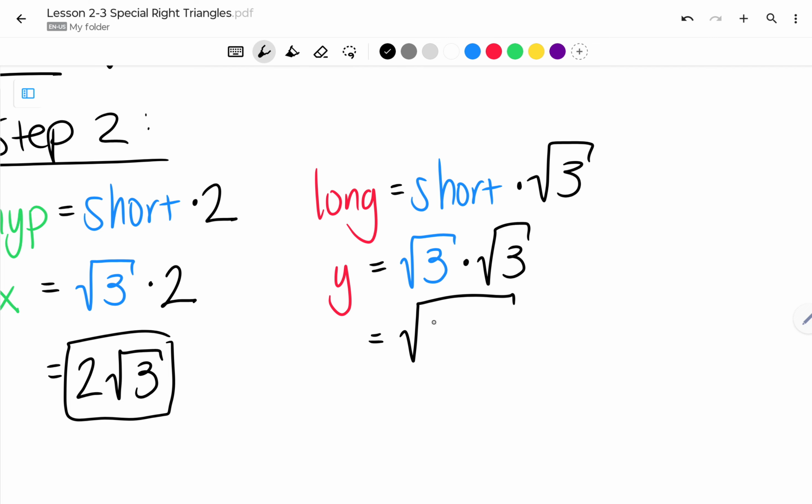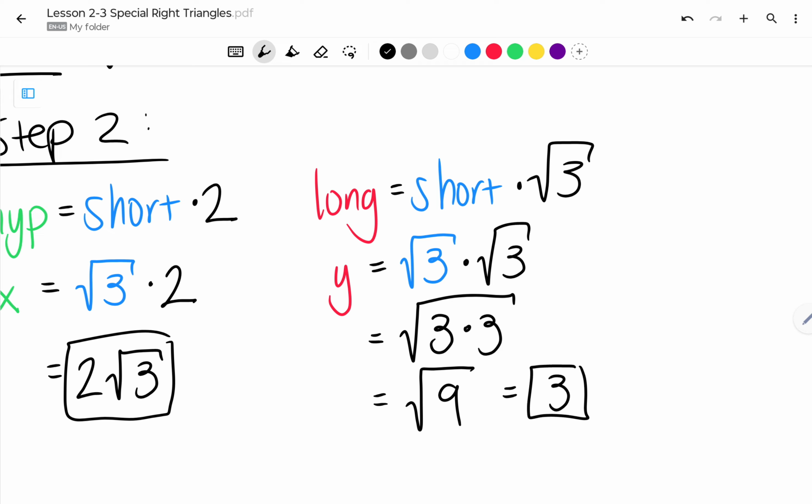Square root of 3 times square root of 3 is square root of 3 times 3. Square root of 3 times 3 is square root of 9. What is square root of 9? That is equal to 3. 9 is a perfect square, so it goes back to 3. So y is 3, x is 2 square root 3.